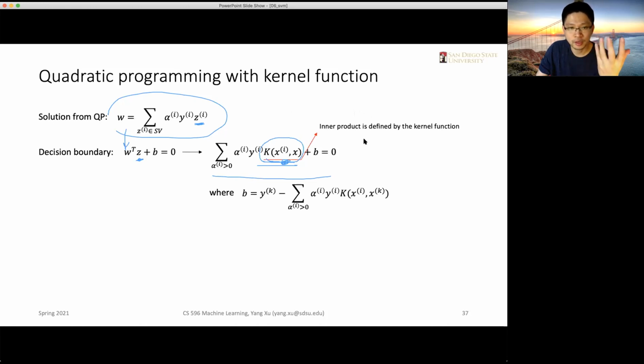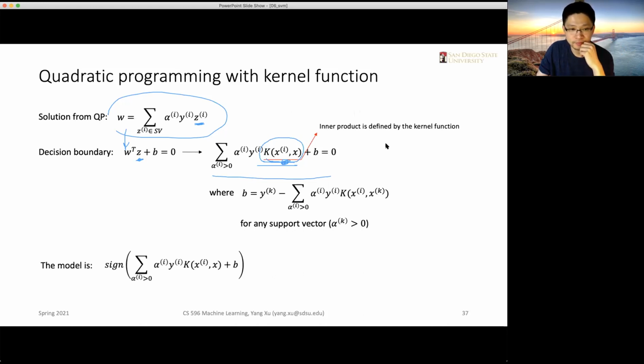And we are able to solve B for any support vectors that have alphas greater than 0. Okay. So the method is like this. Because we know the decision boundaries, all we need is to use this form as the model.